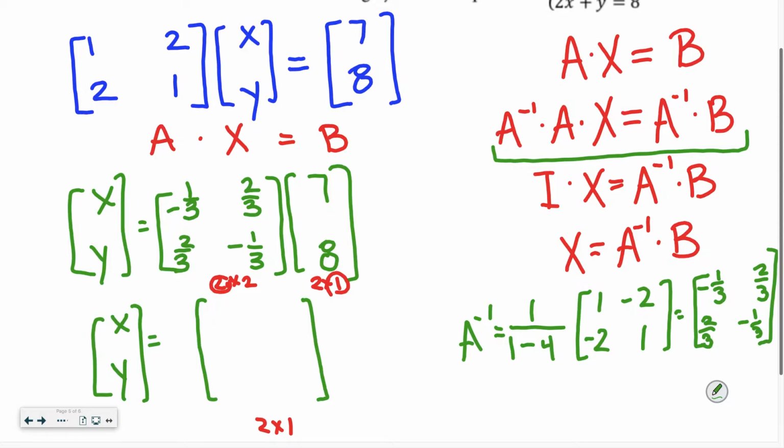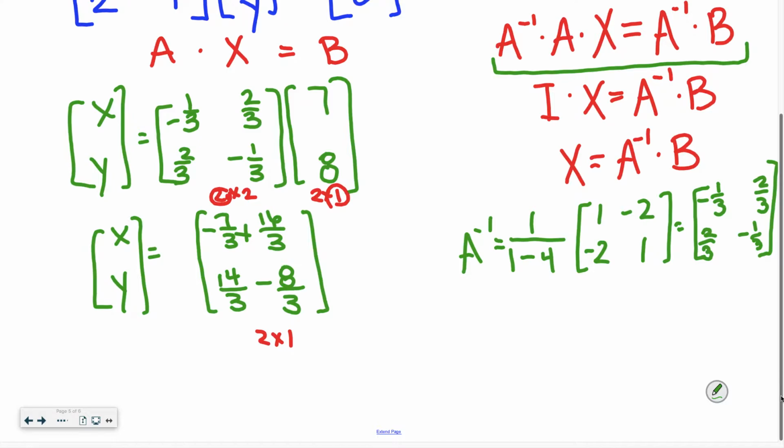So row times column, negative 1/3 times 7 plus 2/3 times 8. Okay, there's our first entry. Row times column, 2/3 times 7 plus negative 1/3 times 8. Help me out.